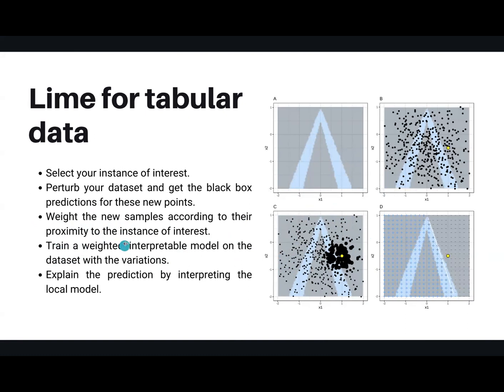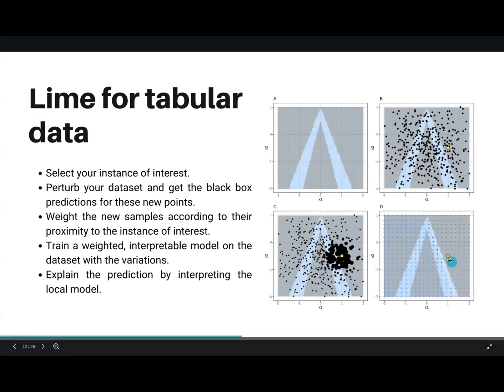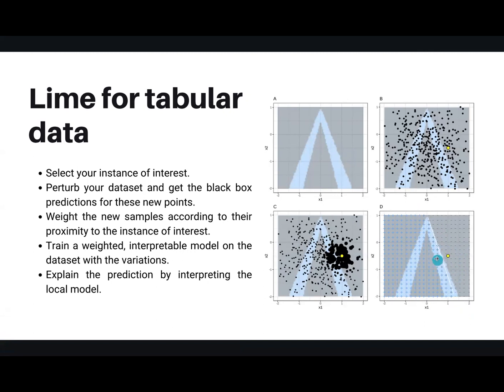What we do then, we train a weighted interpretable model on the dataset with these variations. So we only train on this dataset that we randomly created. And that gives us this simple linear model. So you see, it's not a perfect model, but it does the job, right? If we interpret this one, it tells us how we can get from this class to this class.